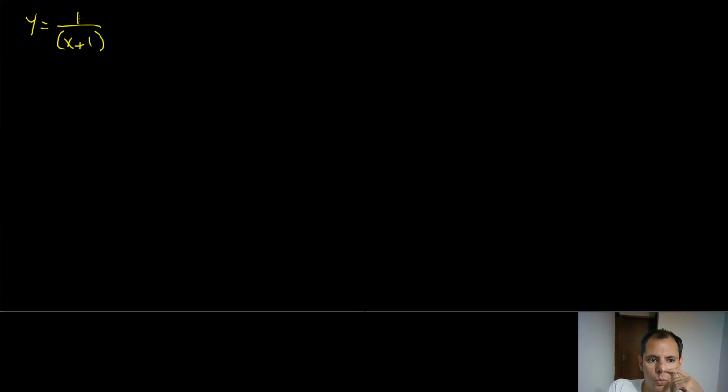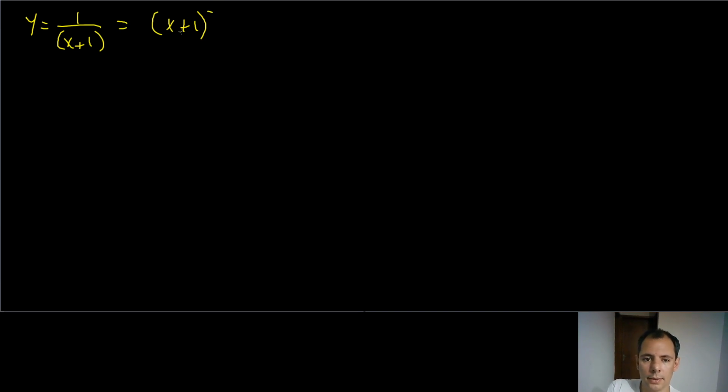You see, the 1 divided by the denominator is actually the outer function, and then you have the x plus 1, which is the inner function. So this equals x plus 1 to the minus 1. So whatever to the minus 1 is the outer function. Okay, this exponent here is the outer function. And the whatever in here is the inner function.